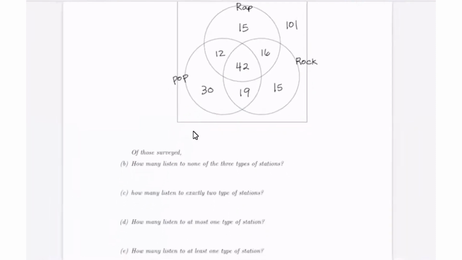Based on this, how many listen to none of this music? 101. Exactly 2 is 12, 19, and 16, which is 47. Okay.